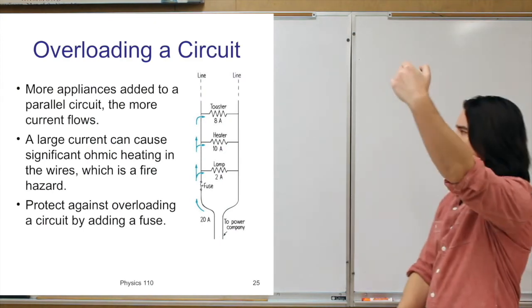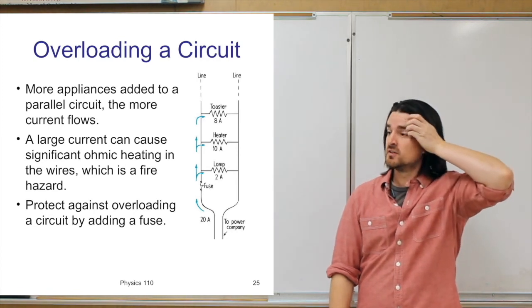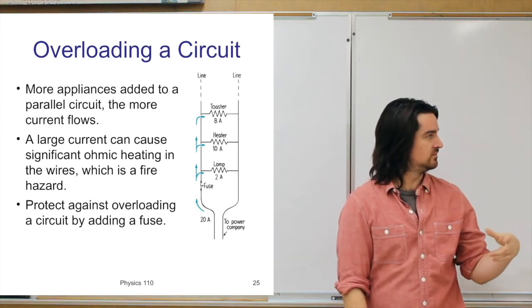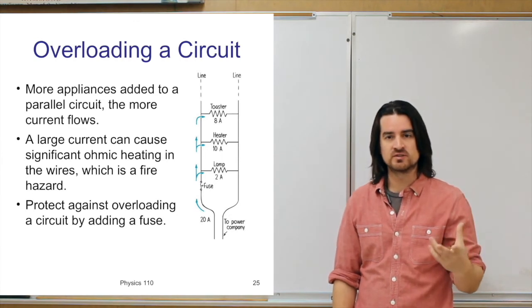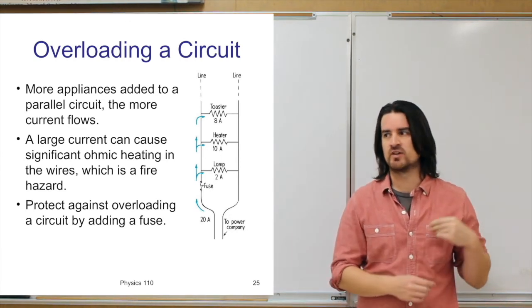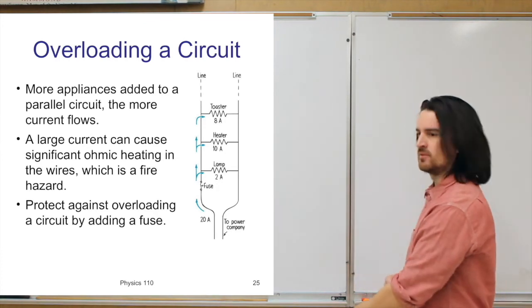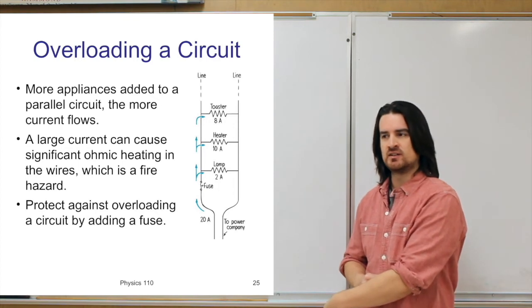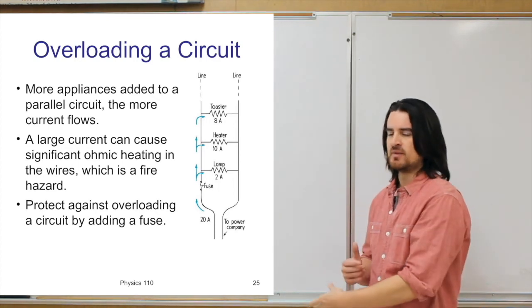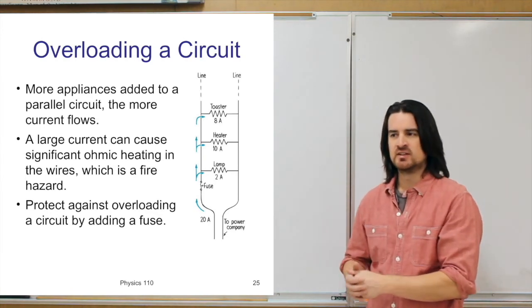Okay, so as it turns out, the electrical wiring in your homes and in buildings and such is connected essentially in parallel circuits, so that you plug in a lamp to an outlet, and you plug in a battery charger to the outlet, you plug in your phone, plug in a bunch of things to the outlet.